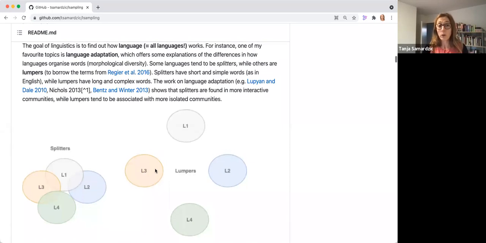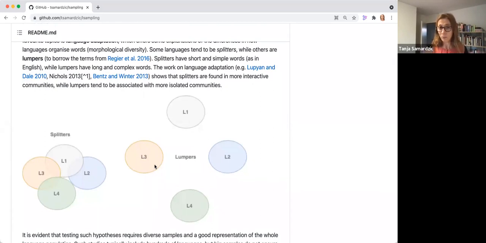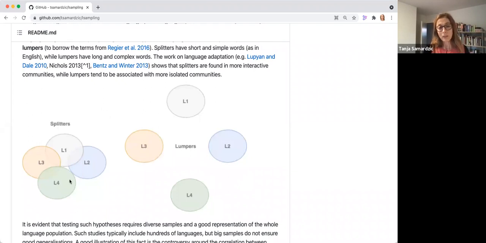This work on language adaptation is interesting to me because there seems to be converging evidence from many different studies. Here I list just a few of them that are relatively old already, showing that splitters tend to be languages whose speakers are more in interaction with other speakers, so there is more language contact.